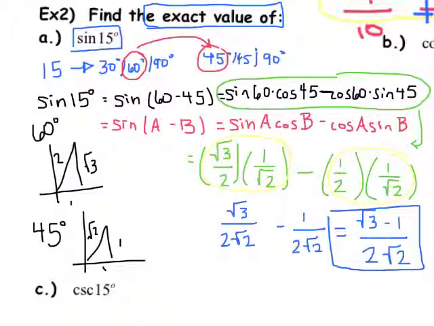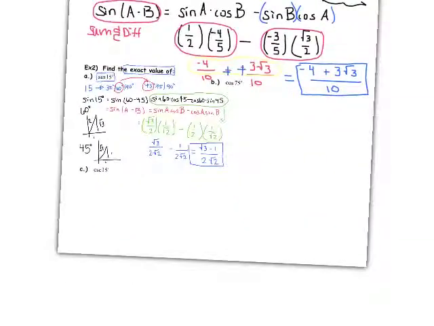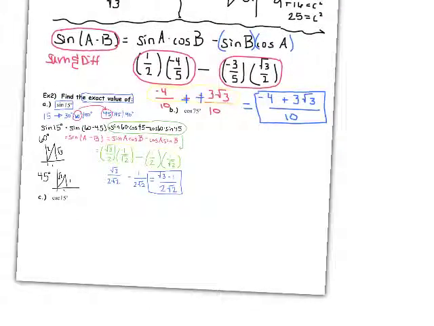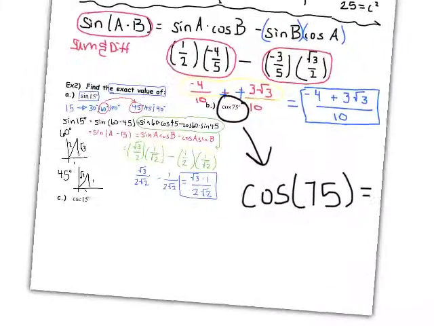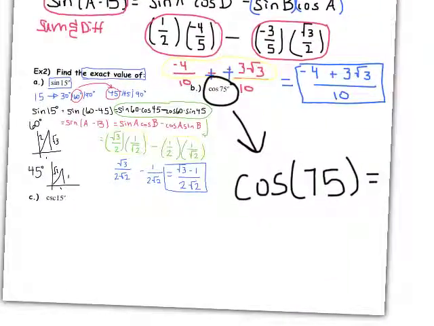All right, so for the remaining problems, you might say that's a lot of problems to do all those steps each time. But cosine 75: I want you to really pay attention to everything that we've done these past couple of days. Yesterday we learned about cofunctions, and cofunctions are things that add up to 90.